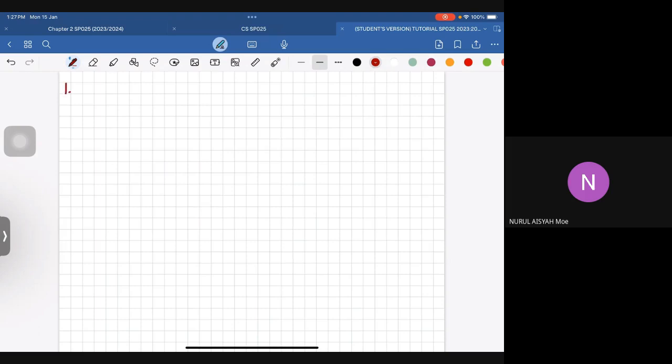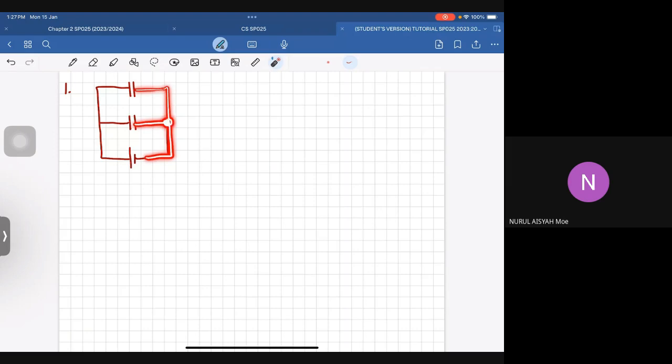Okay, what is the circuit? So sekarang kita ada dua capacitor. Okay, dia ada dua. Lepas tu dia connected to a battery. So since they mentioned it's a parallel circuit, we have to have a junction lah between the capacitors. So the junction is this one. Okay, so ini maksudnya telling us they are connected in parallel.